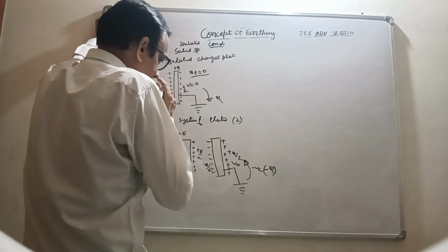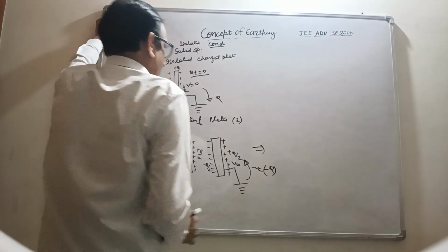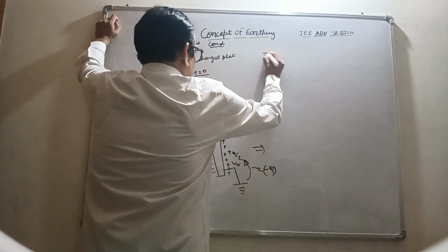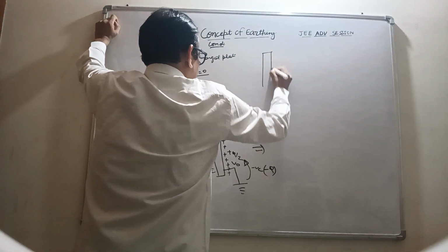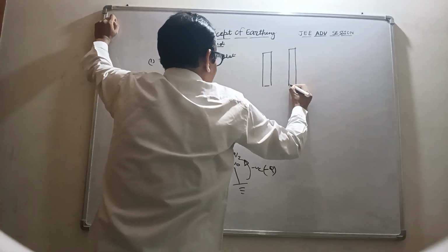So we see here, after grounding, the redistribution of charge. This is the first plate, this is the second plate.